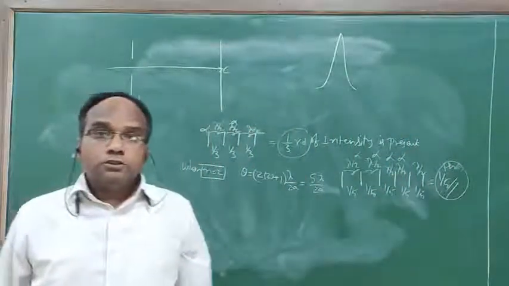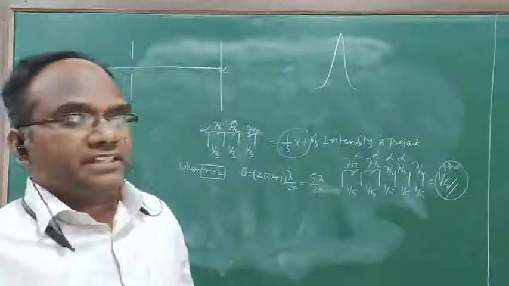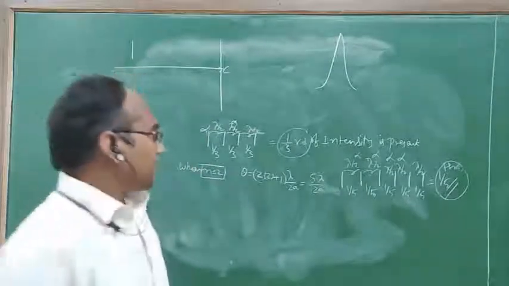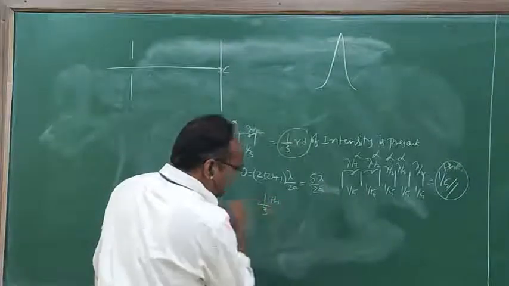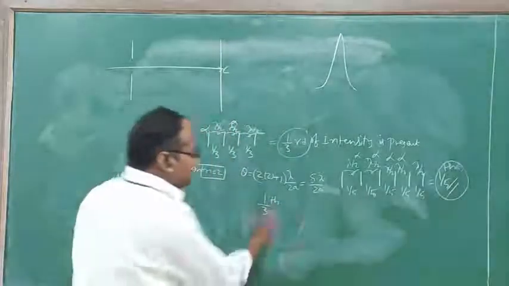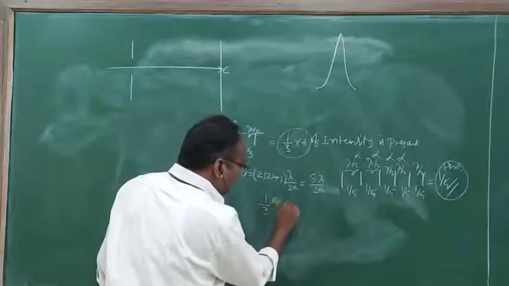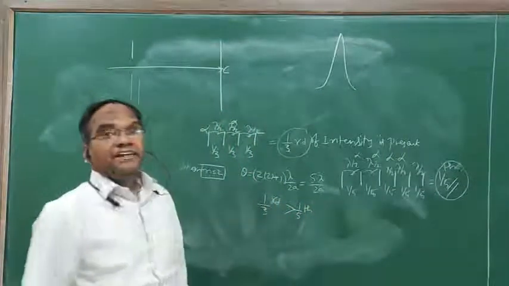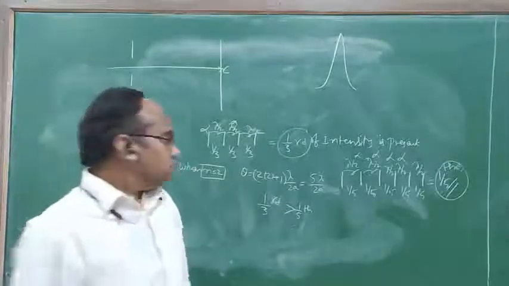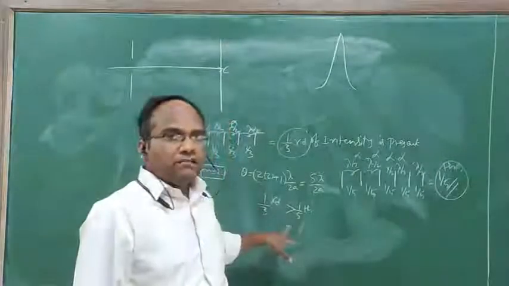So which is greater? 1 by 3rd of the intensity of light is greater than 1 by 5th of the intensity of light.